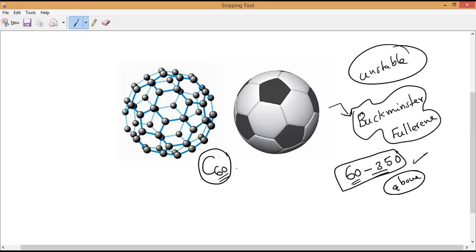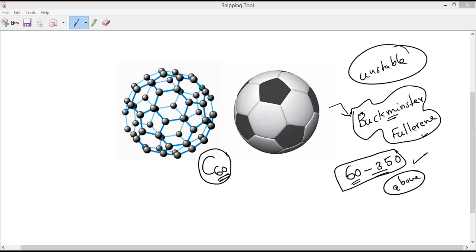Okay, everybody. C60 is named Buckminsterfullerene, the most stable form of fullerenes. Please remember that. The common and stable form of fullerenes is C60, named Buckminsterfullerene. Basically, all are fullerenes, but C60 is the Buckminsterfullerene, the most common and stable form of carbon.